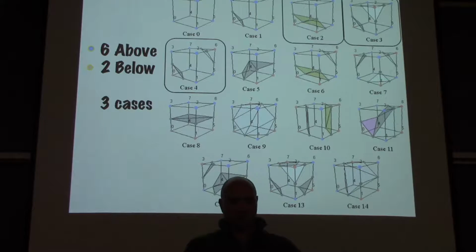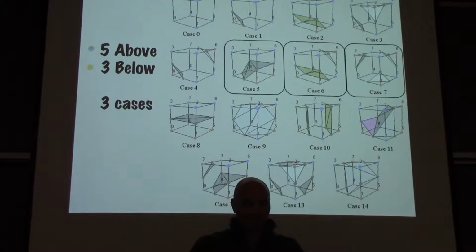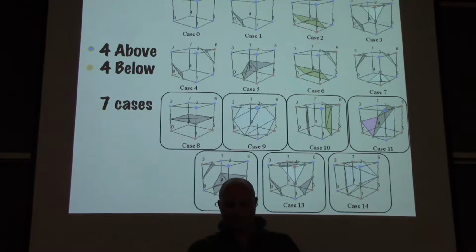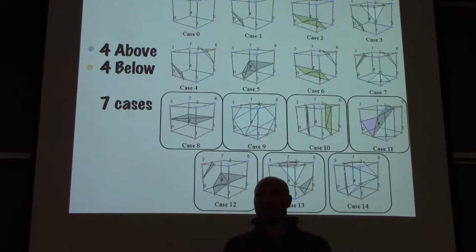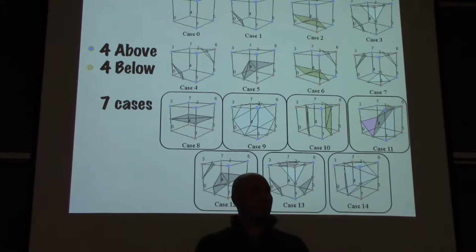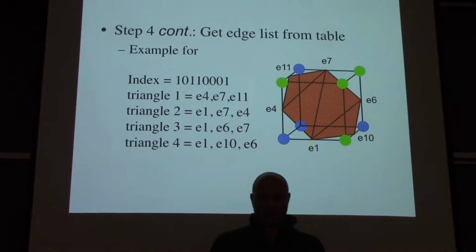You're starting to see the idea here. And then you have the 5 above, 3 below cases. And actually, I'm sorry, it's these ones that start to be a little bit trickier because you can start to have that saddle problem, the ambiguity problem.